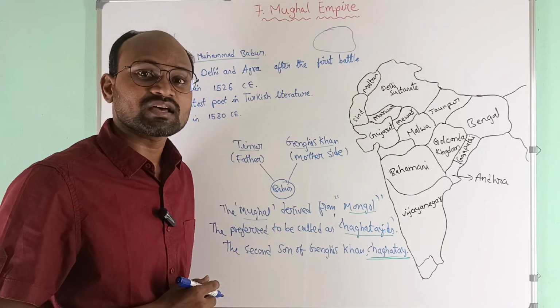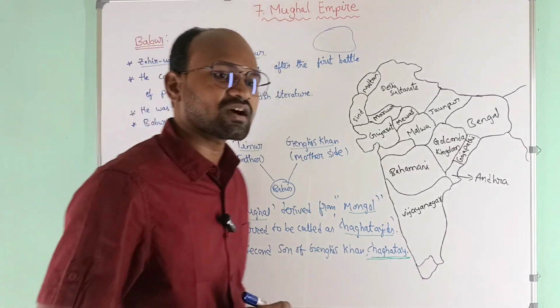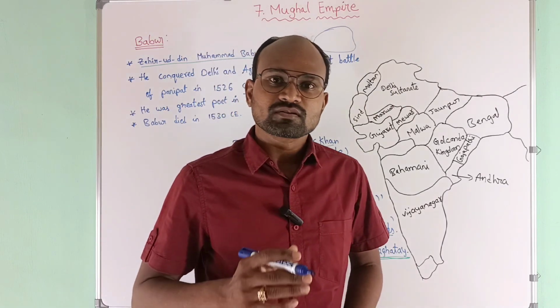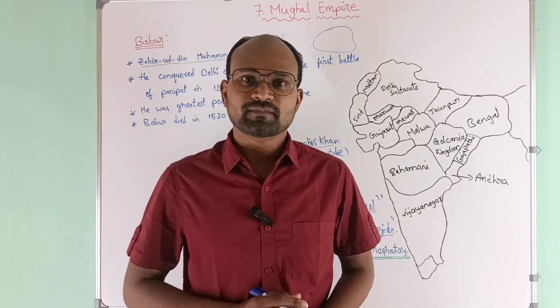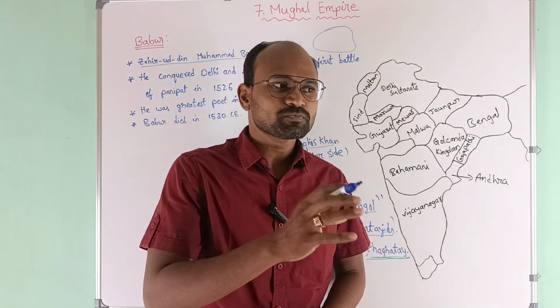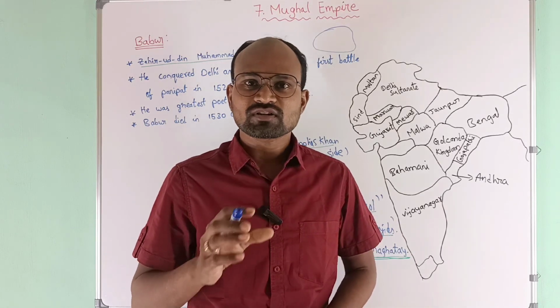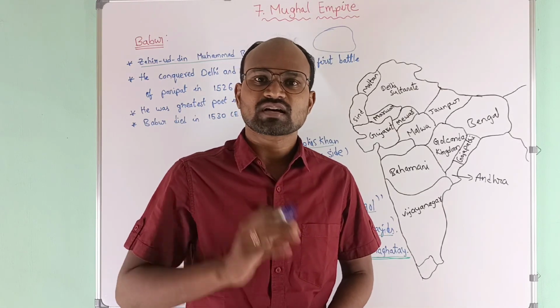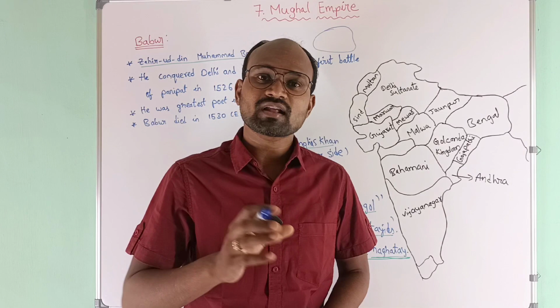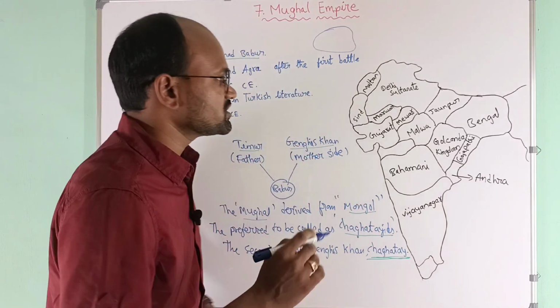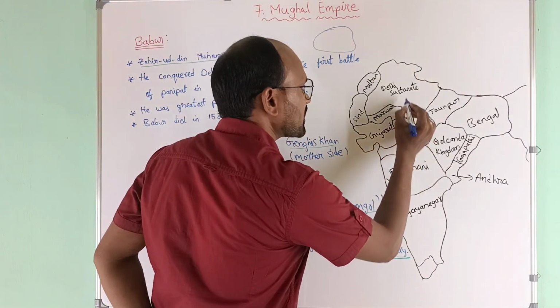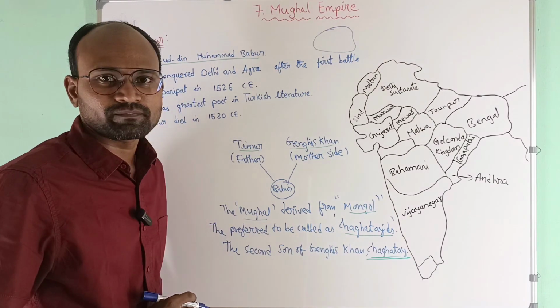His name was Rana Sanga. This Rana Sanga was a powerful Rajput king. He was also called Maharana Sanga. And there was a dispute between Maharana Sanga and Ibrahim Lodi.